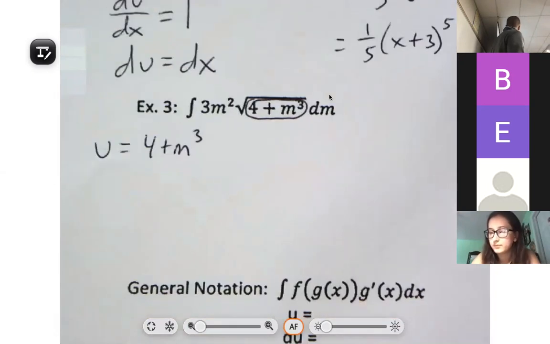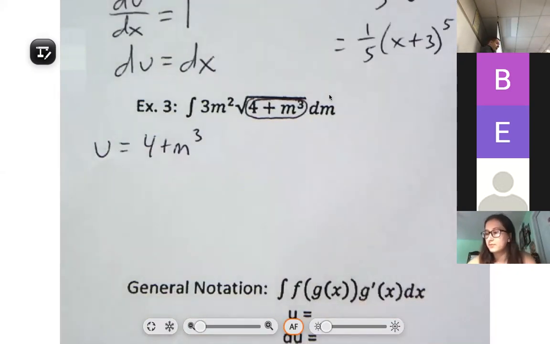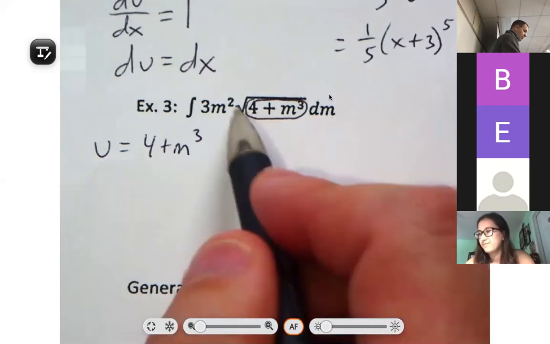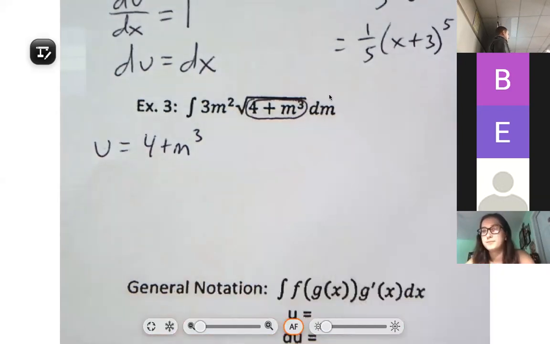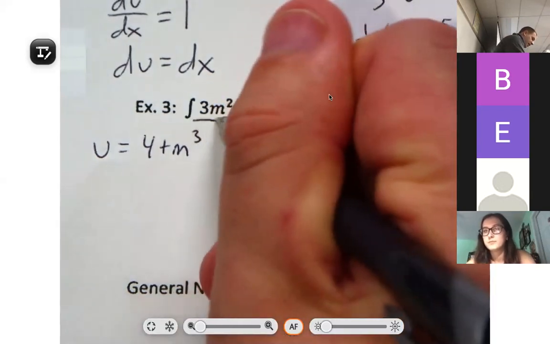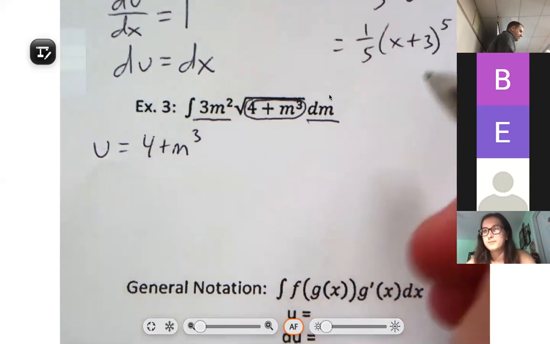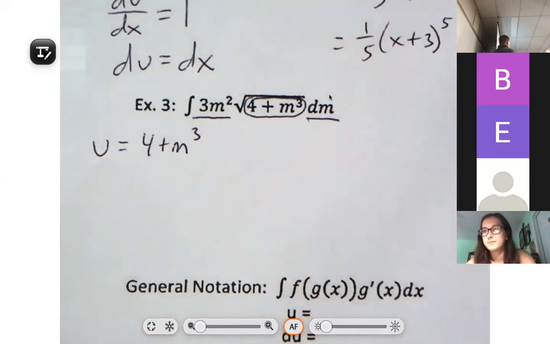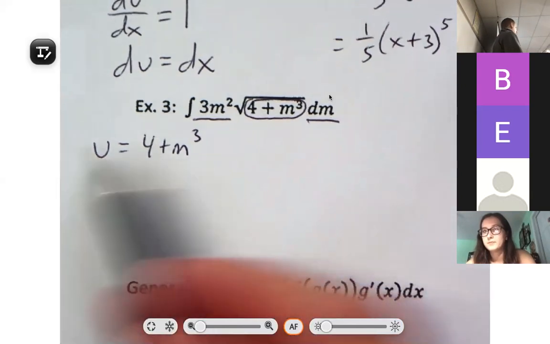Okay, so think about what that does for us. That gives us the square root of u, or in other words, u to the 1/2 power. That's pretty good. But we also have to get rid of the 3m squared and the dm. Like we need all that to turn into u's as well. Well, as soon as you define u, your next step is always to take the derivative of this line.